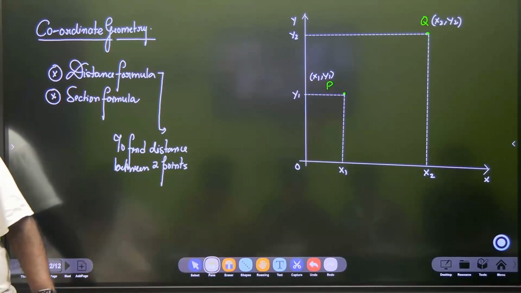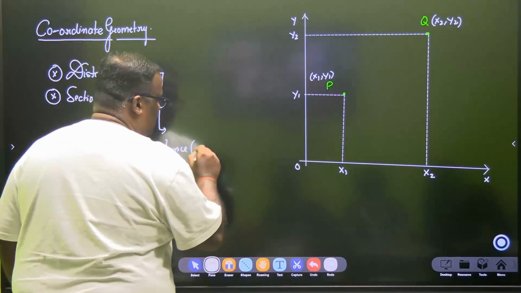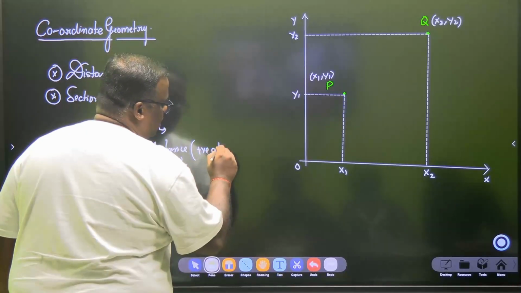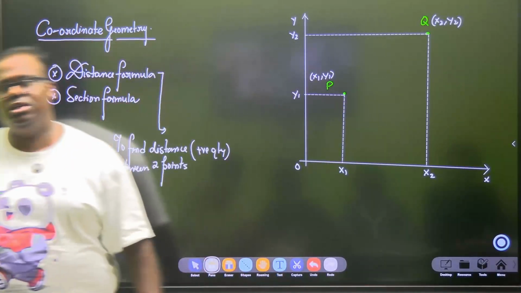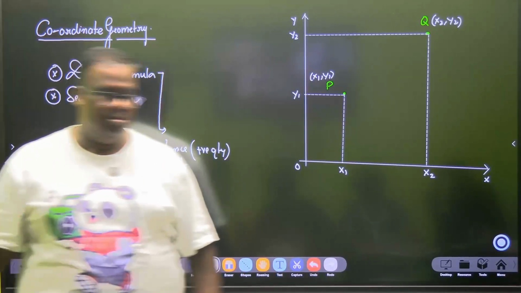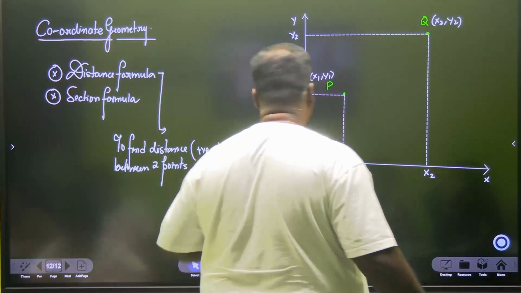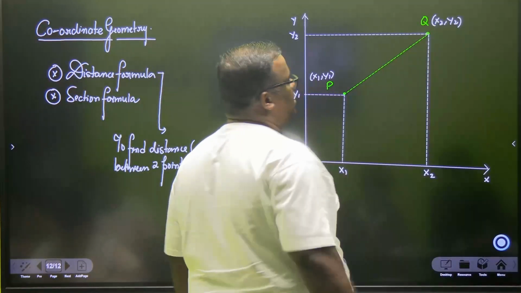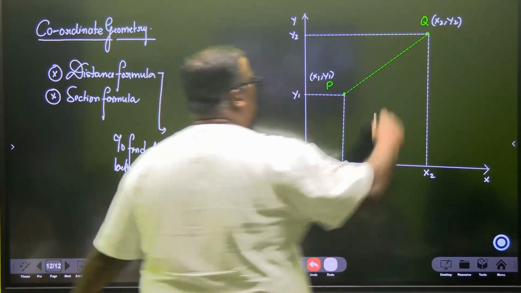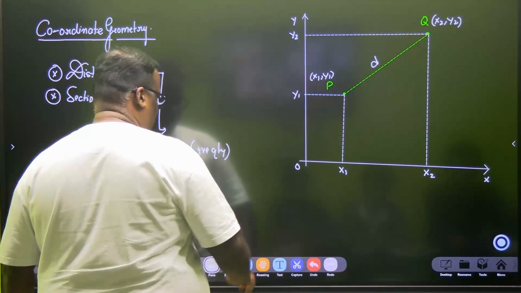Pretty easy. And we are going to find out the distance, children. Distance is something which is always a positive quantity, so it doesn't matter whether you are measuring PQ or QP, mathematically it is the same thing. So what we do, our next job will be joining P and Q. So I have joined P and Q. This is my quest, I want to find out this distance, and I call this D. D is the distance that I want to find out.